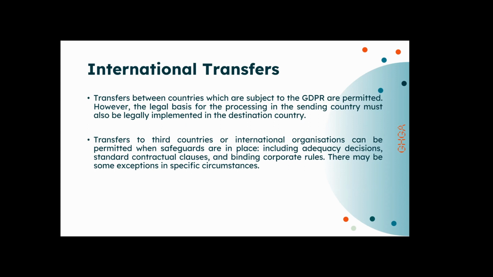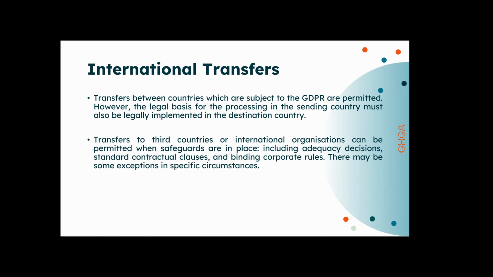There's also the possibility of using standard contractual clauses, which bind the recipient of the data to adhere to the principles of the GDPR and to the regulations of the GDPR, and also binding corporate rules. And that's typically used when you're transferring data between, say, branches of the same company that happen to be located in different jurisdictions.